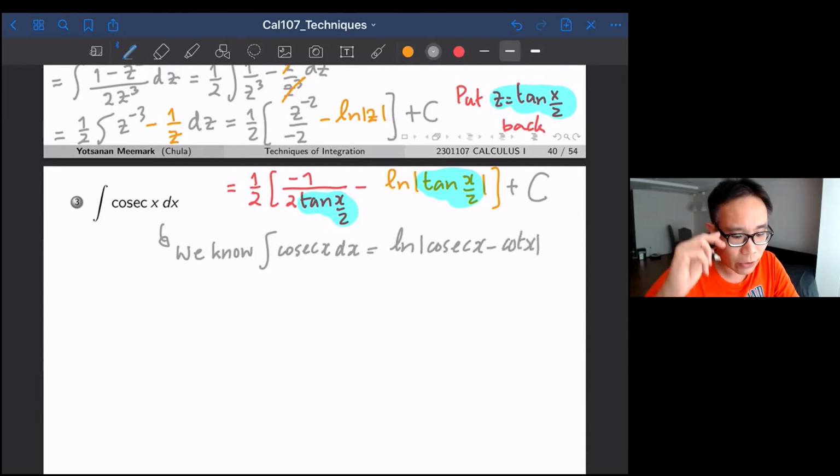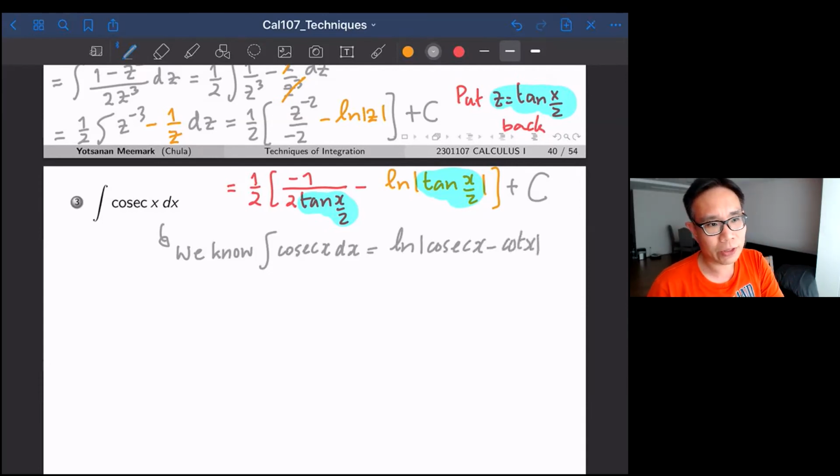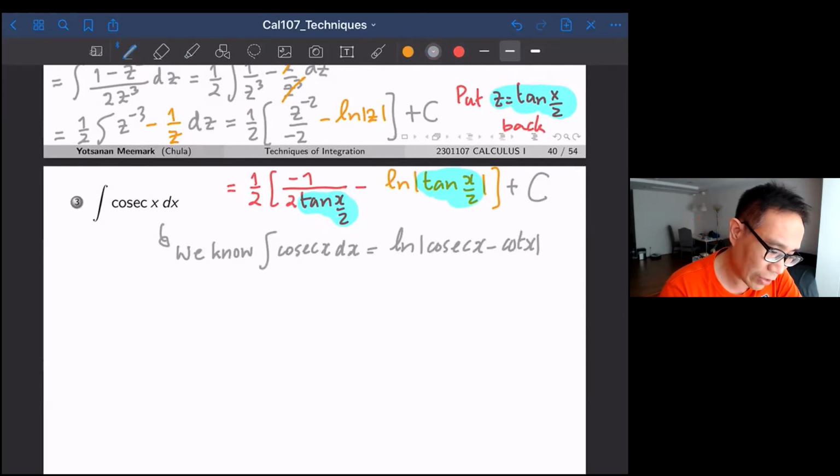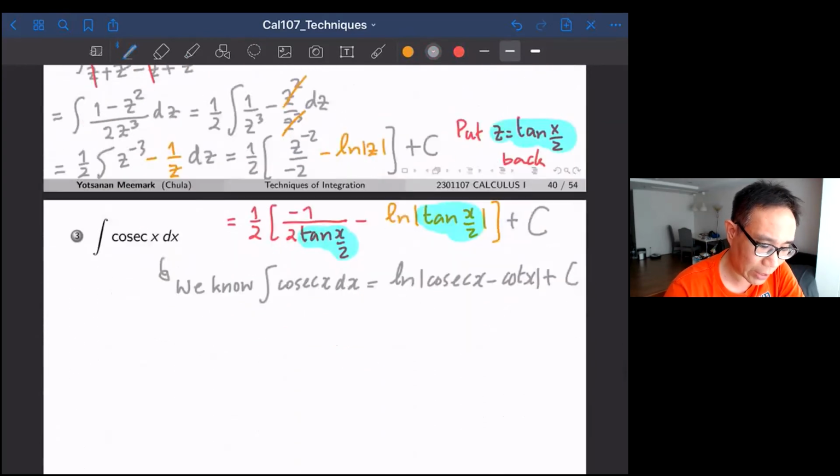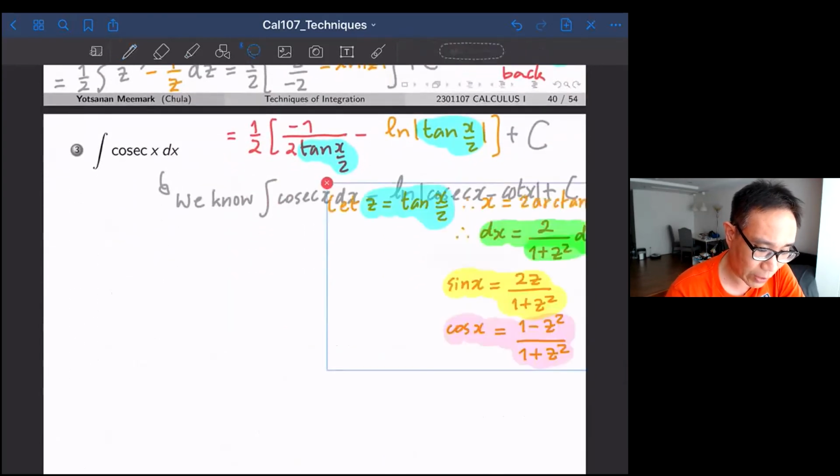So you already know this one, but we're not going to do this one here. In this case, it's going to turn out to be another formula for integrating cosec x, by using the technique that we just learned. So let's copy this guy and paste it.